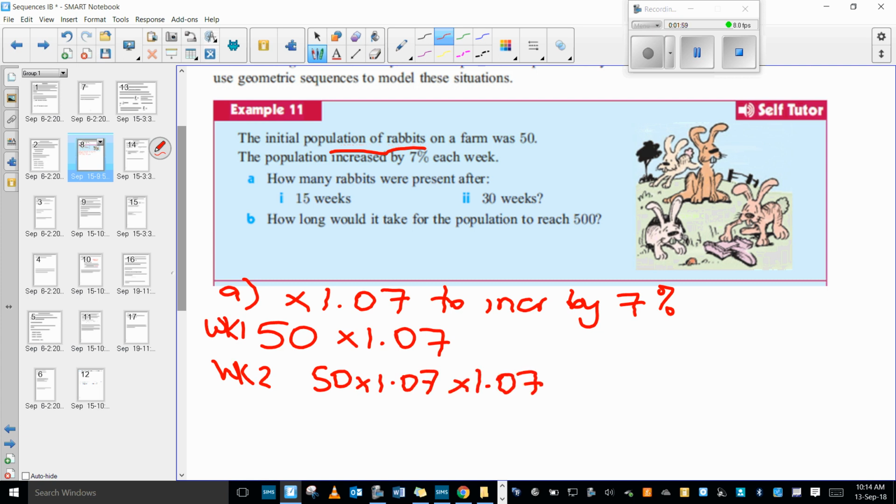And for week 3, we had our week 2 rabbits, and we're going to multiply that by 1.07. I'm hoping that you recognize that this is now a geometric sequence, in that to get from term to term, we are always multiplying by 1.07.